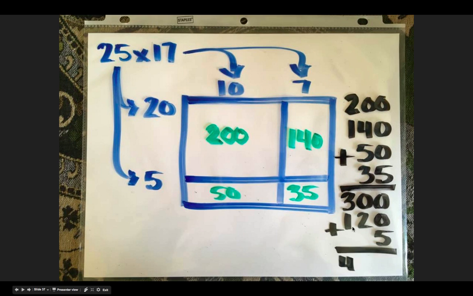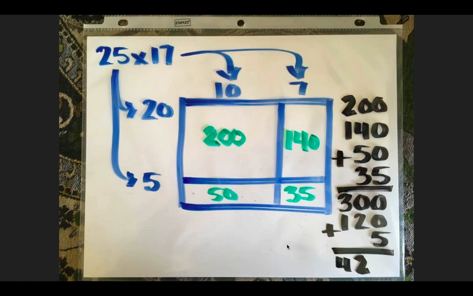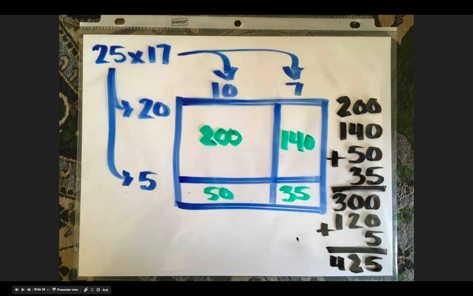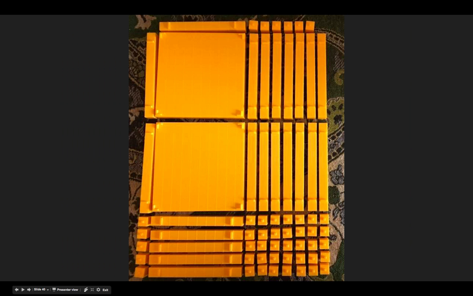I'll keep adding from left to right, so 300 plus 100 is 400. 20 plus no other 10s is 20, and 5 plus no other ones is 5. So my final answer here is 425. I'm thinking back to my estimate, and that makes sense because it's around 500, but it is less than 500. And I can also check with my concrete model here and see that I have 425.